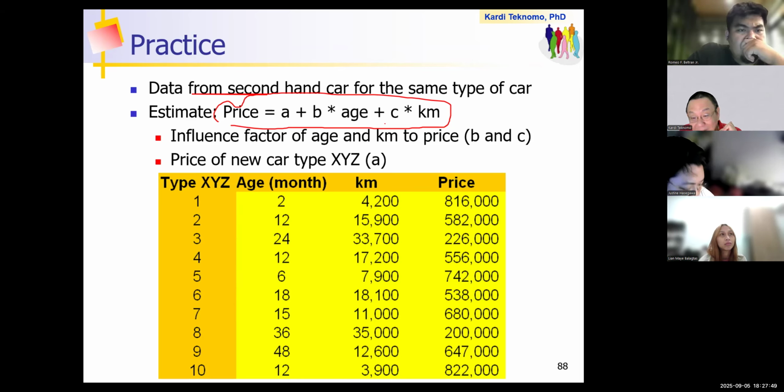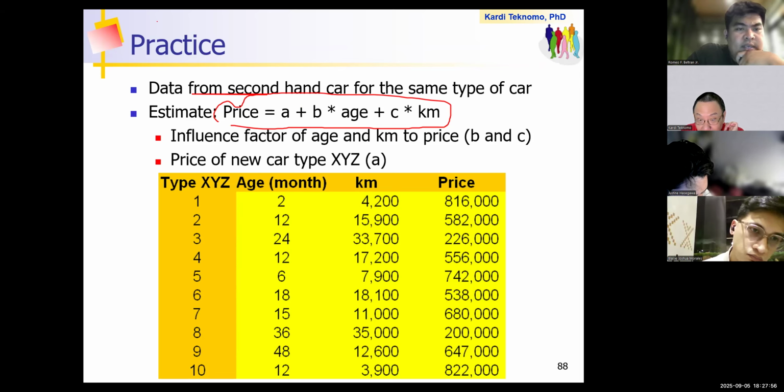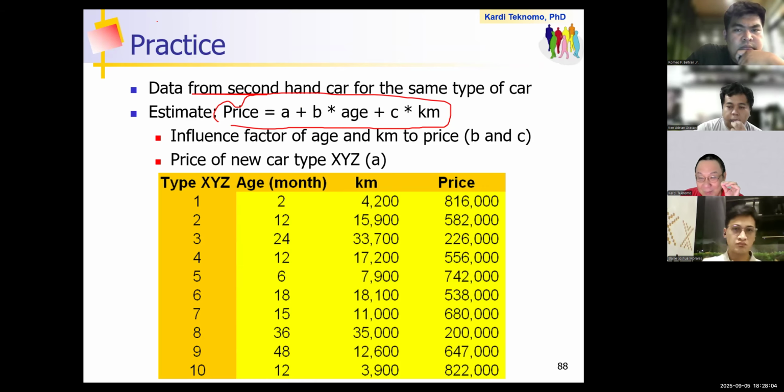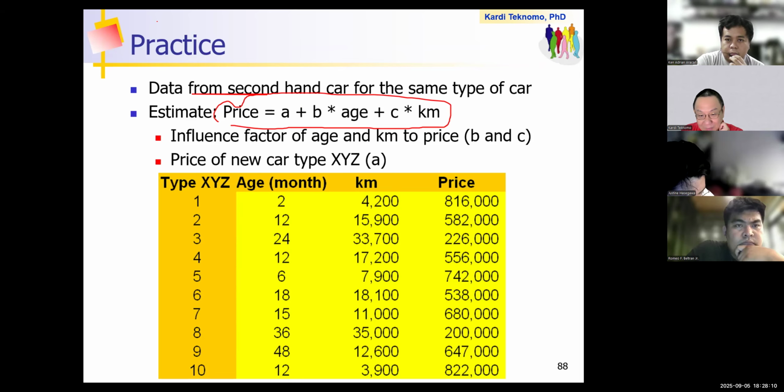Yes, Romeo? B is the number of months and C is the distance. No, it's a slope. It's a change. Okay, yes, Ken?